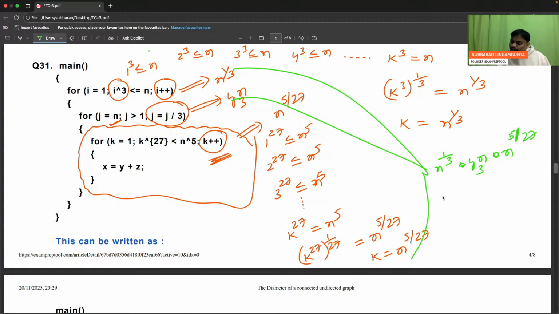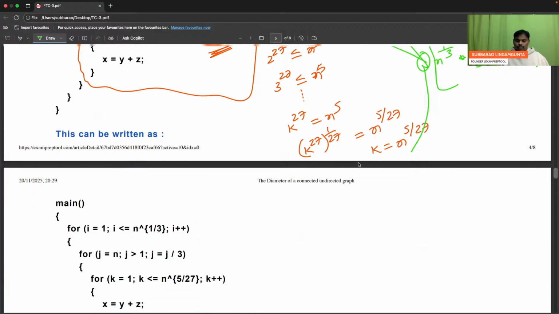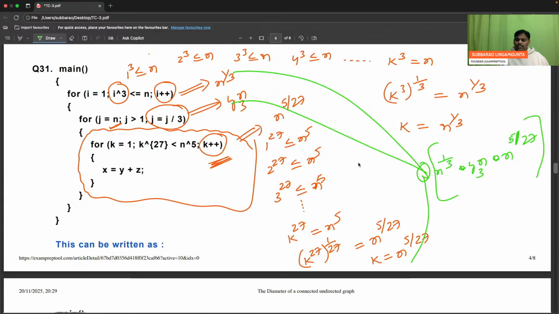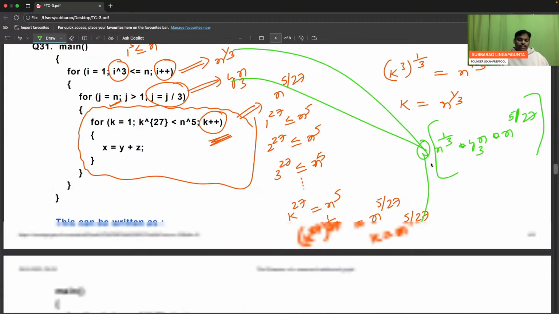Just add properly: big O of n power 1 by 3 into log n base 3 into n power 5 by 27. That is the answer for that problem. This was problem number 31.